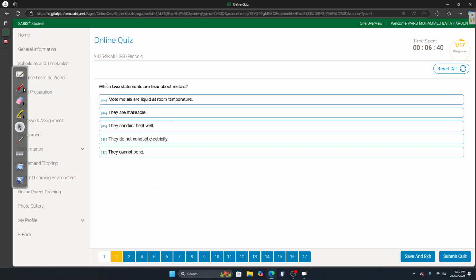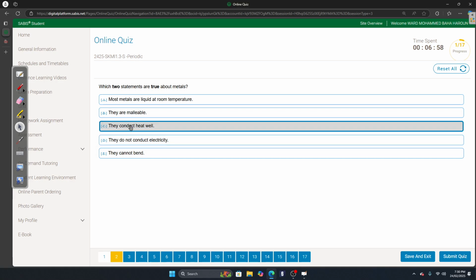Okay, metals. So people like in grade 3 can answer this, okay? Metals, they do conduct electricity. They can't bend, okay? They can become many shapes, like they can become like fences and those things. So these two are obviously out of the list. They conduct heat well. Yes, they do. That's how they change their shape most of the time. They are malleable. What does malleable mean? Malleable means it can change its shape.